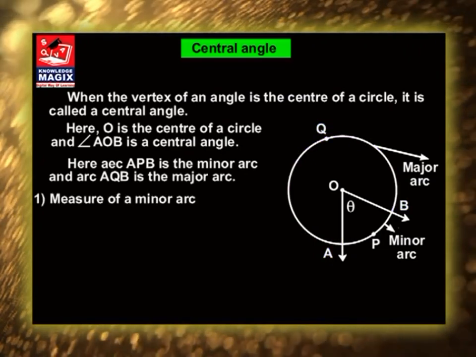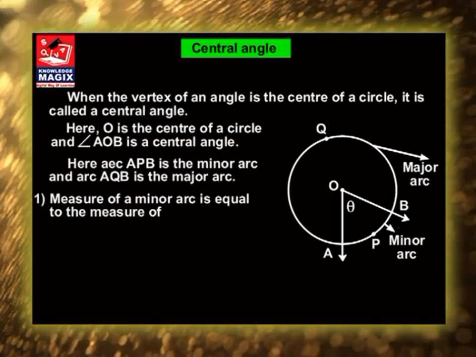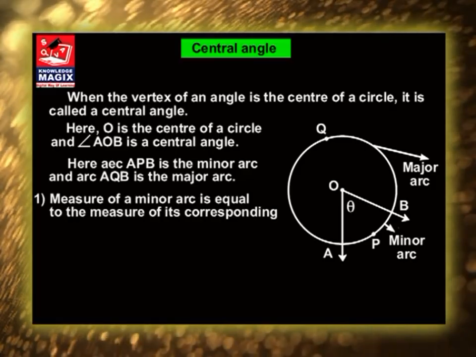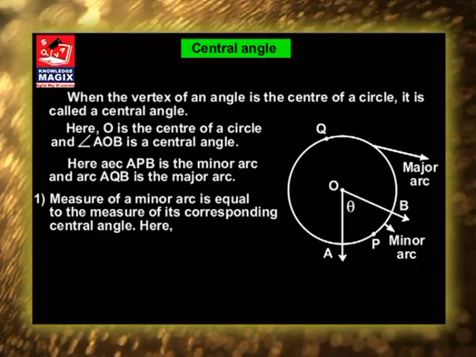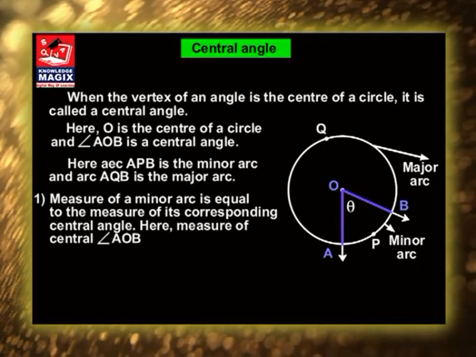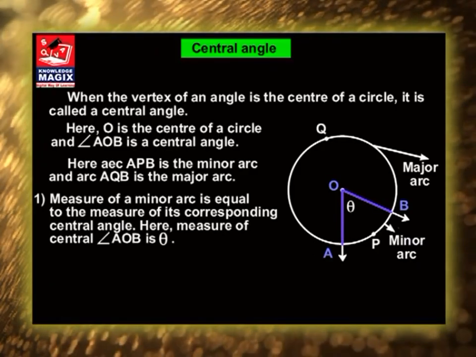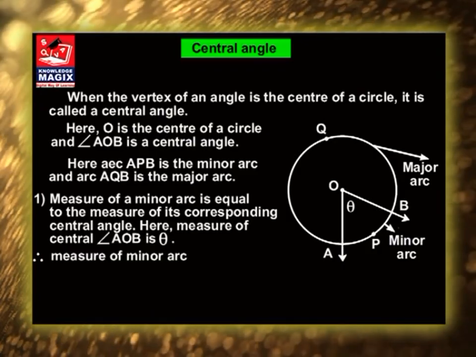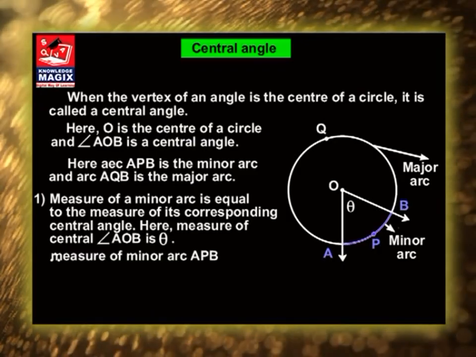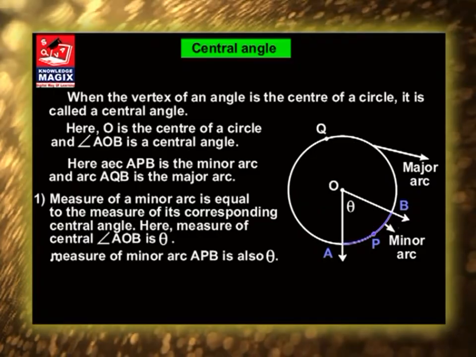Measure of a minor arc is equal to the measure of its corresponding central angle. Here, measure of central angle AOB is theta and therefore measure of minor arc APB is also theta.